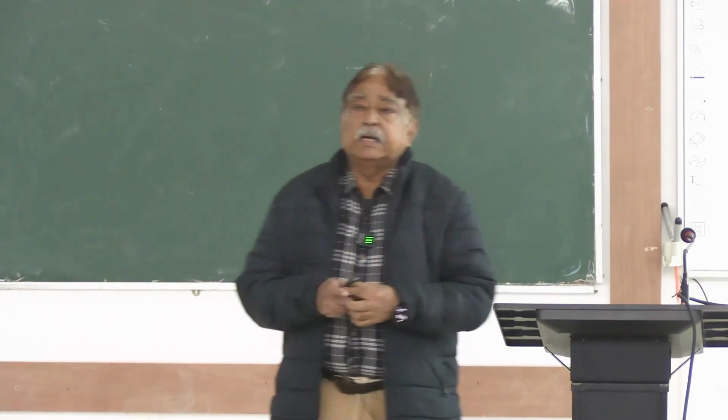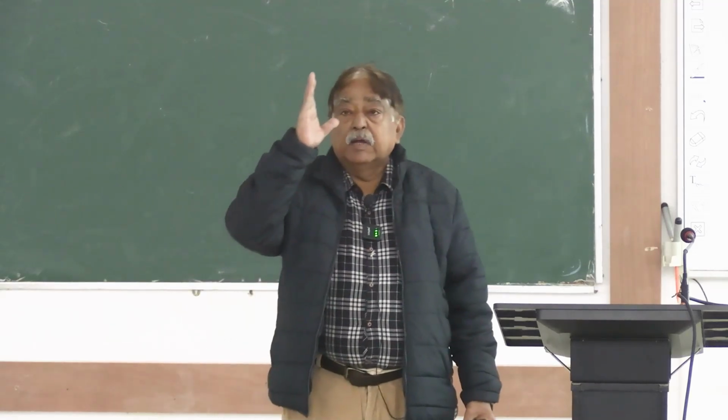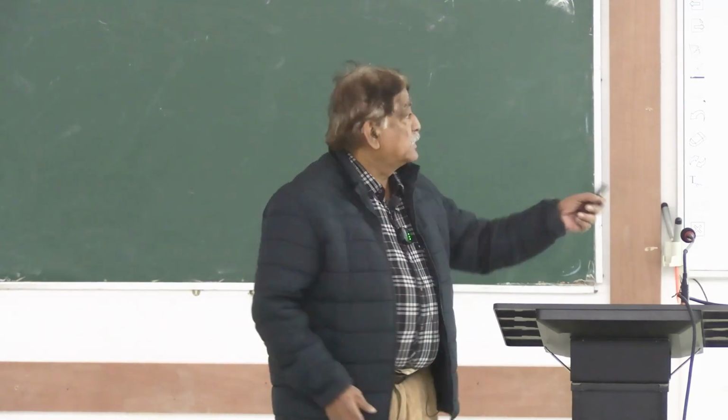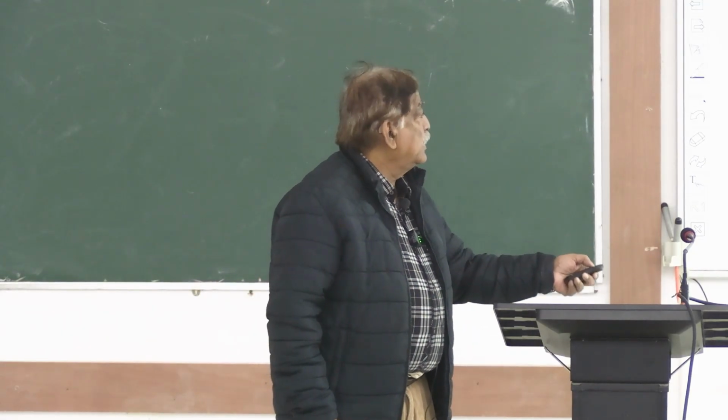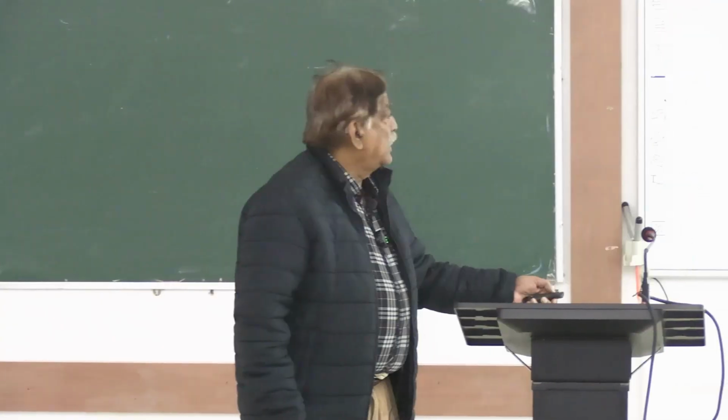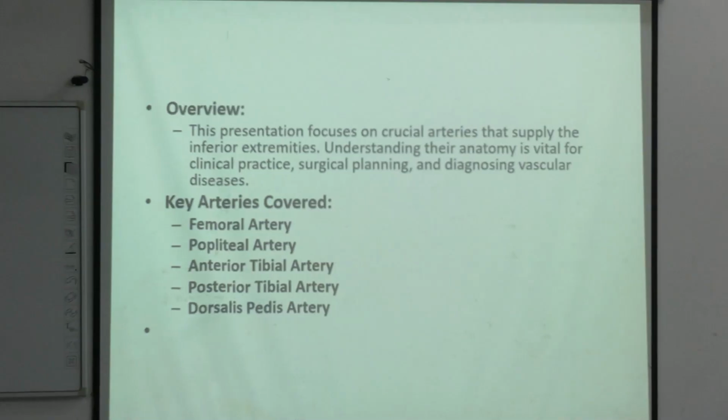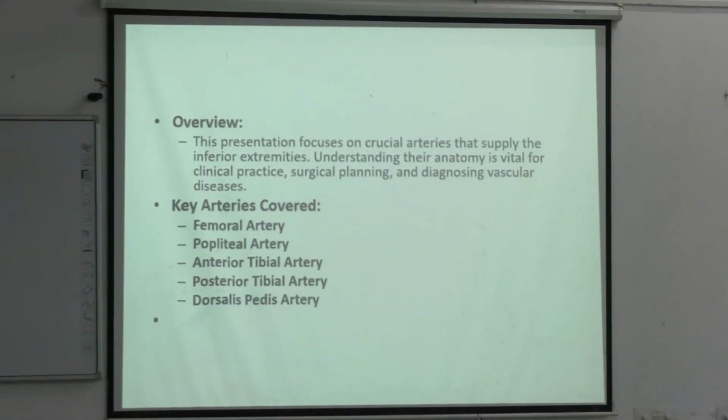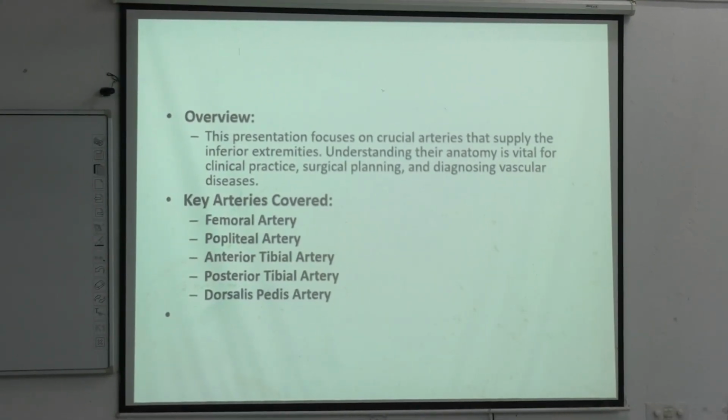And you just imagine the big vessels, these femoral artery, popliteal artery, anterior tibial artery, posterior tibial artery, dorsalis pedis artery. These vessels can be having different types of clinical presentation and due to different types of diseases of the lower limb.